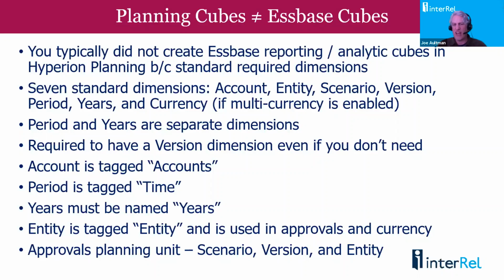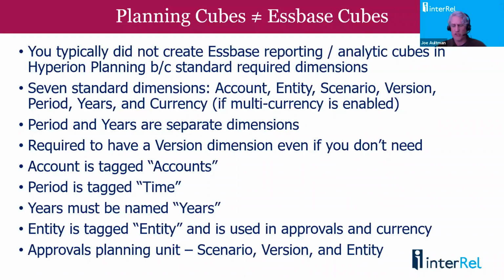If you're going to do that with a traditional planning application, that would lead to a lot of trouble. As far as the version dimension, you don't always need that. You may not really want to have your account dimension tagged as accounts or period. There's reasons not to do some of these things, and planning would force you to do that. The specific name that you had to have for your year's account, for example.